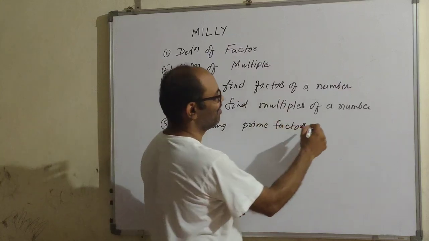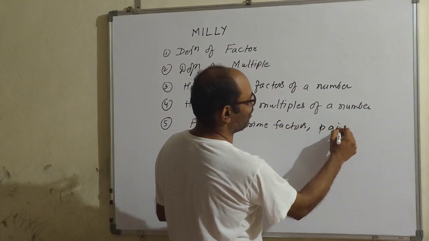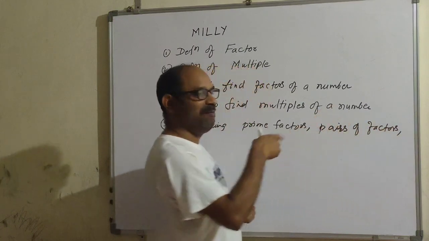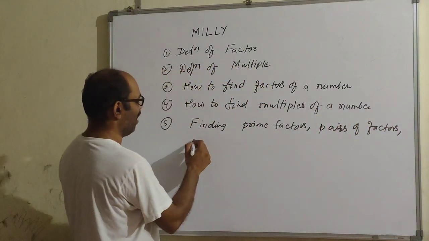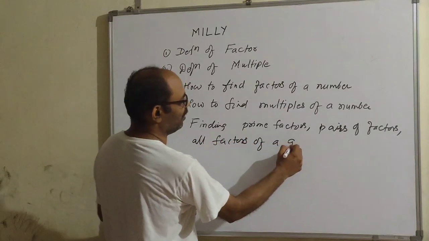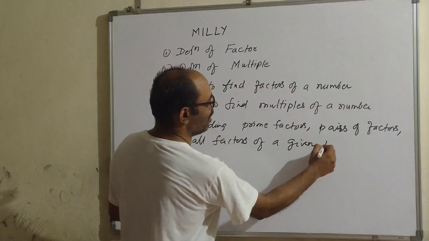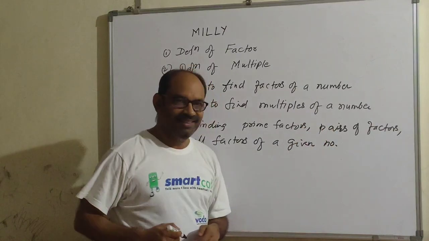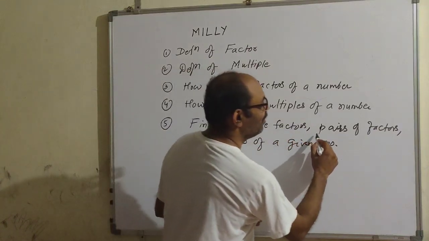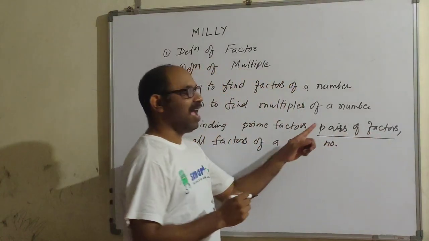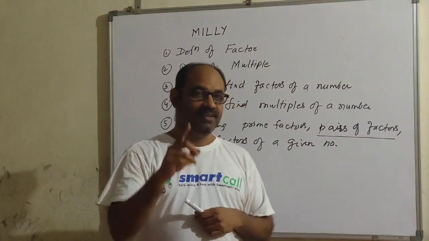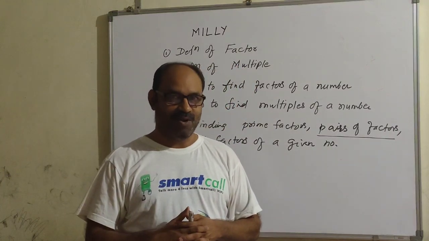From that, pairs of factors, and from pairs of factors we find all factors of a given number. Alright? Do you remember what I said? We will make application of these pairs of factors in factorizing a quadratic polynomial.